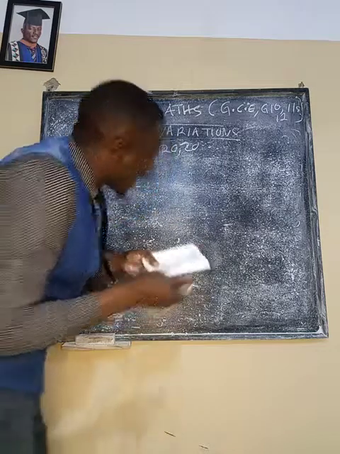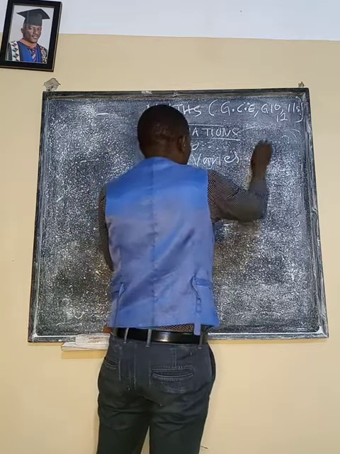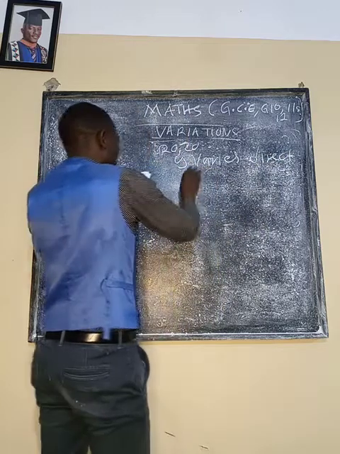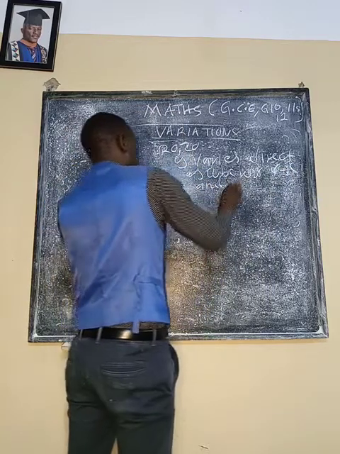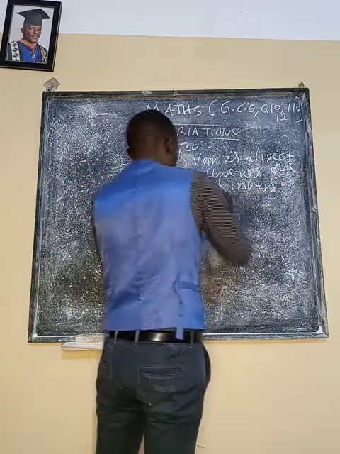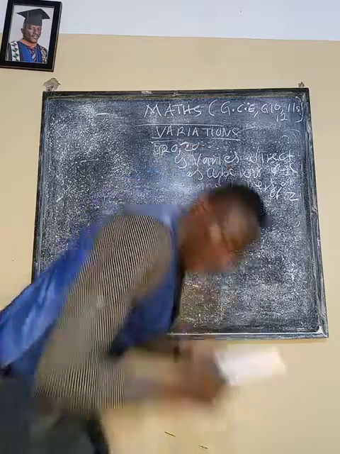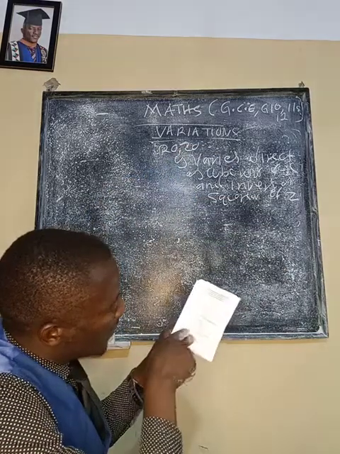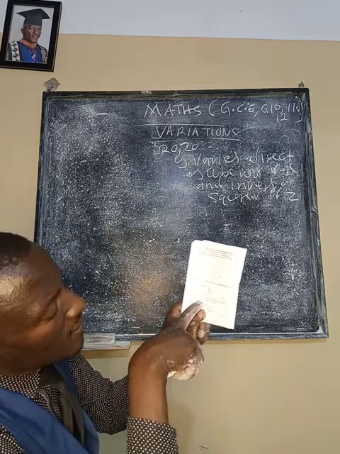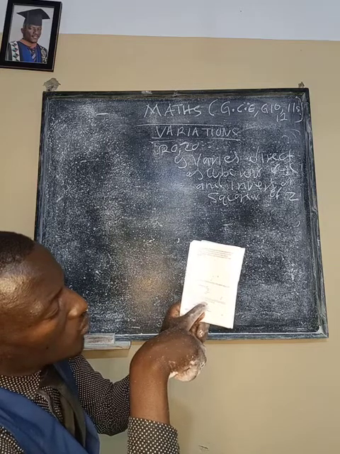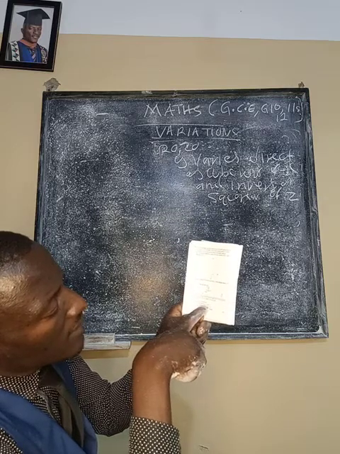They said it is given that y varies directly as the cube root of x and inversely as the square of z, and y is equal to 2 when x is equal to 8 and z is equal to 4. Find k, the constant of variation, and the equation connecting x, y, and z.